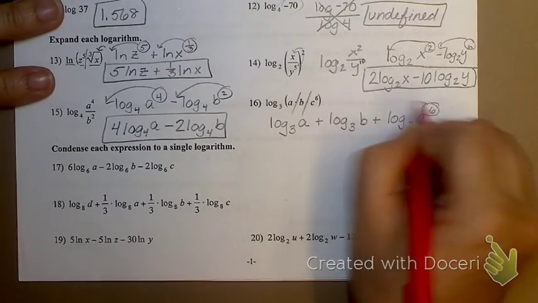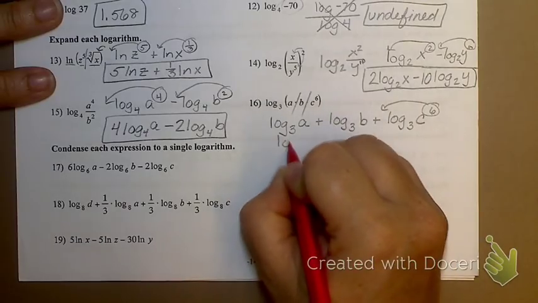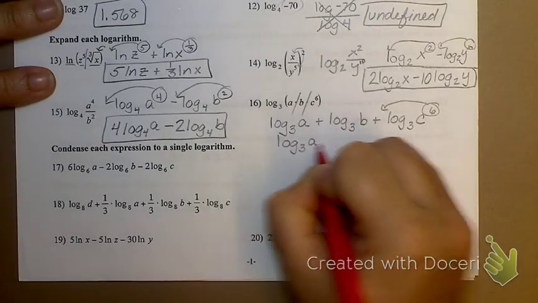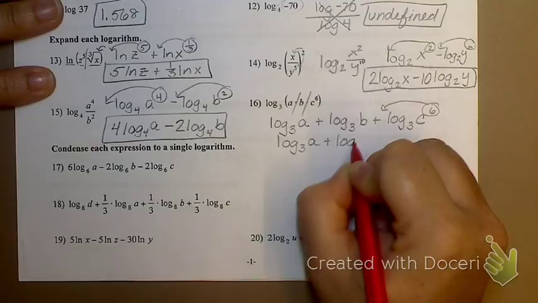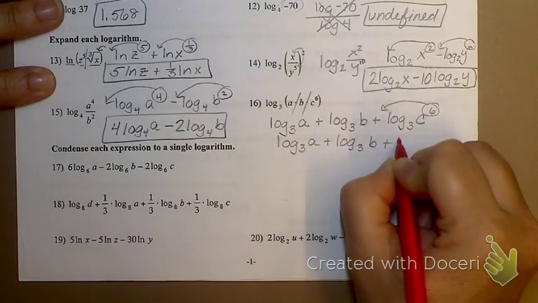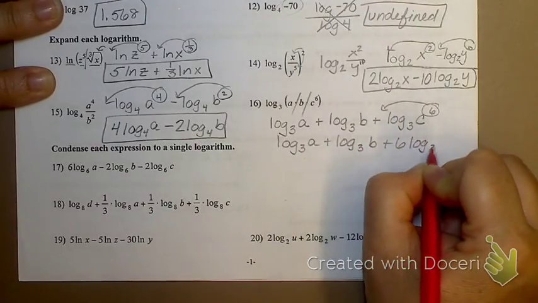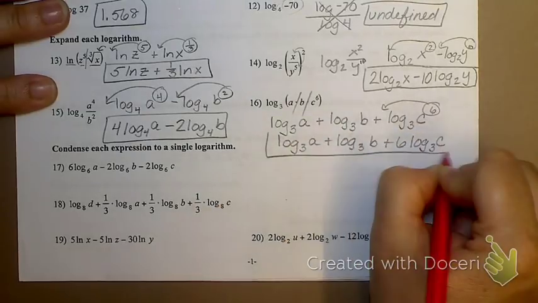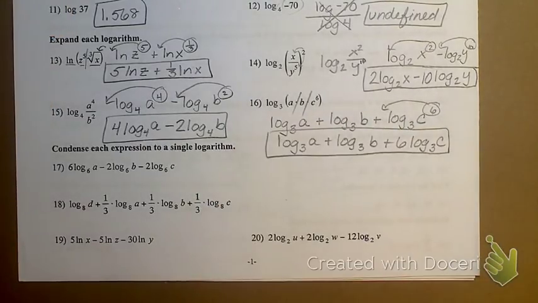I only have one exponent. So the final answer should look like log base 3 of A plus log base 3 of B plus 6 log base 3 of C. And that's my expanded form. Been a while since we did these, isn't it? Okay.